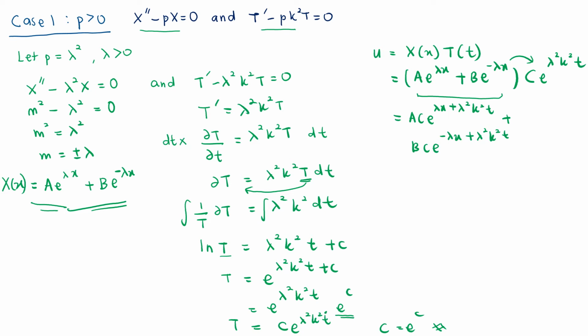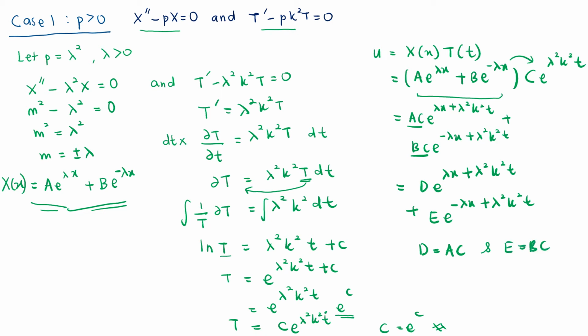Or we can simplify these constants as D e to the power of lambda x plus lambda square k square t, plus E e to the power of negative lambda x plus lambda square k square t, where D is equal to AC and E is equal to BC.